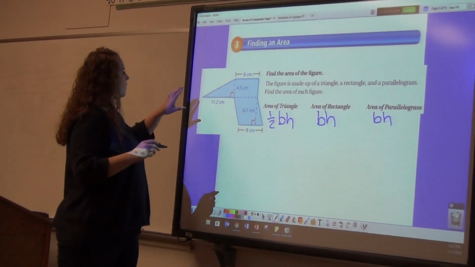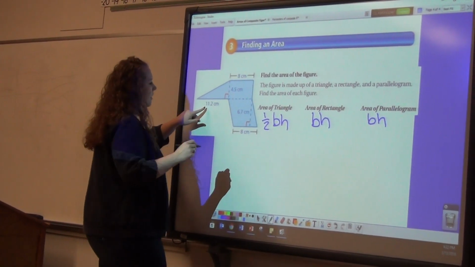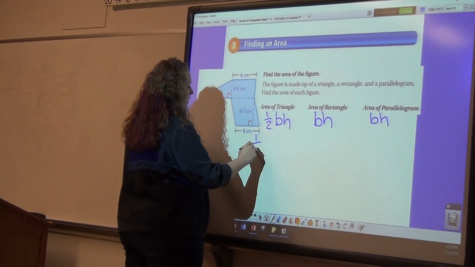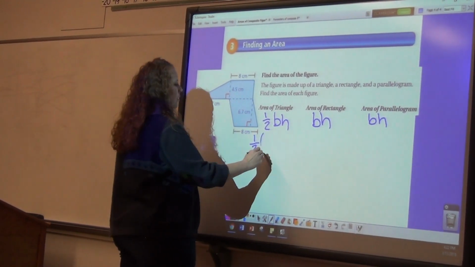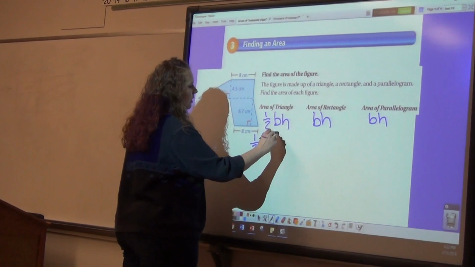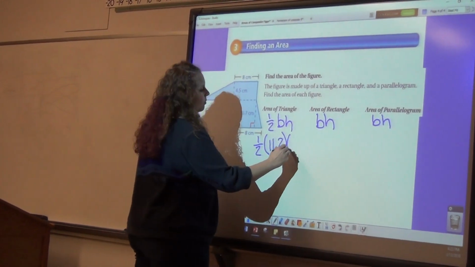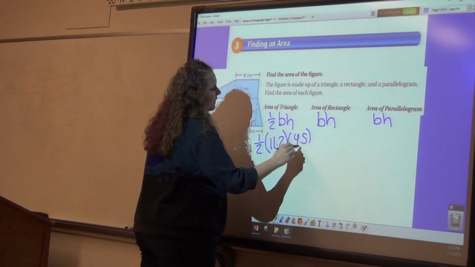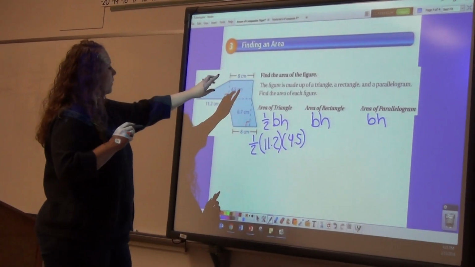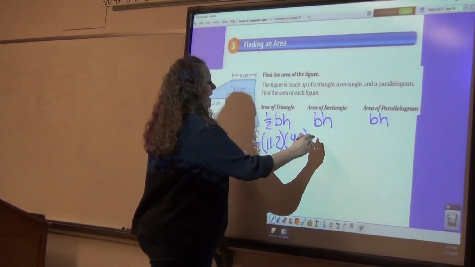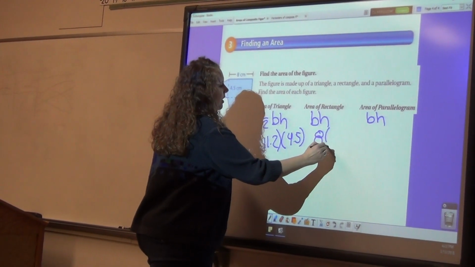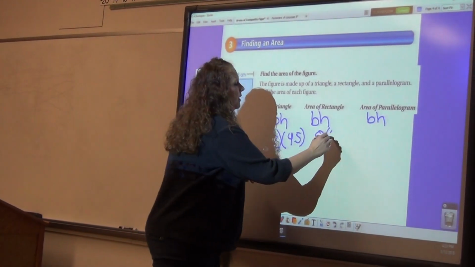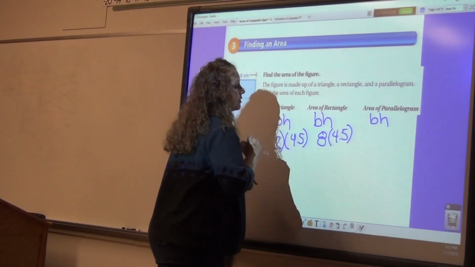All right, so we know that the base of our triangle is 11.2. The height of our triangle is 4.5. So we've got that equation there. Our rectangle, our base is 8 and our height is 4.5. This is all in centimeters.